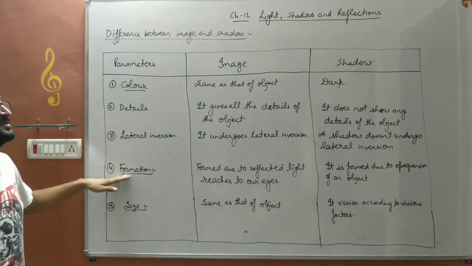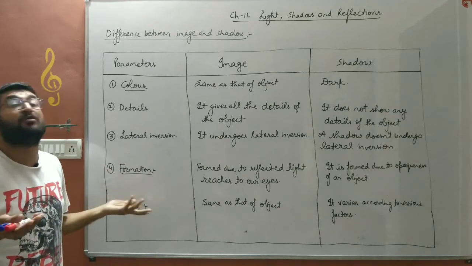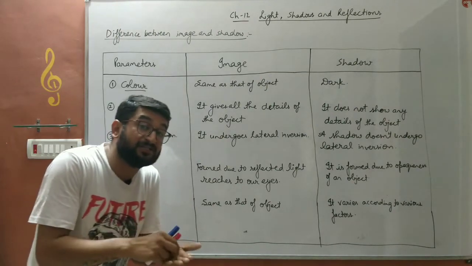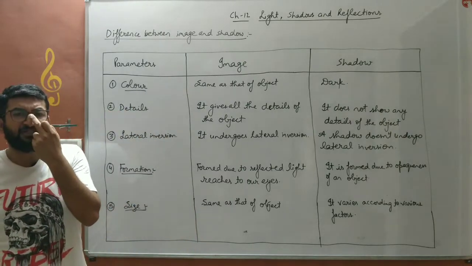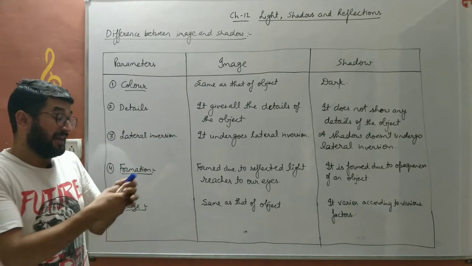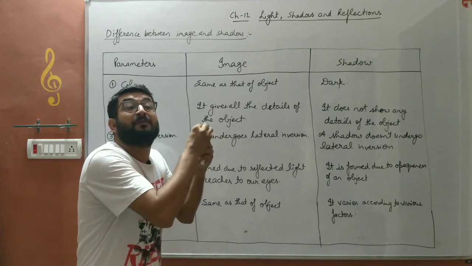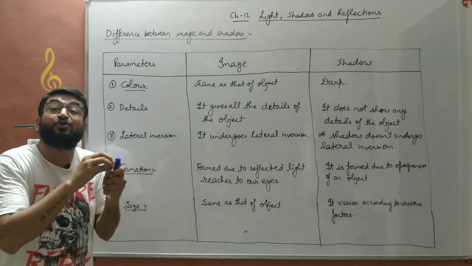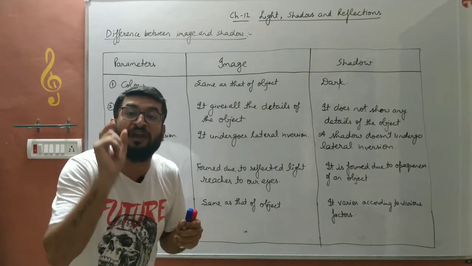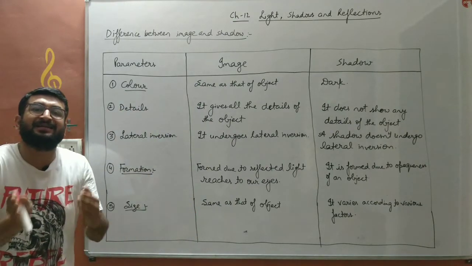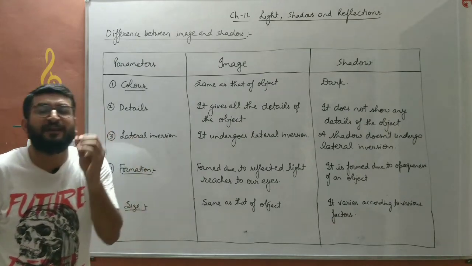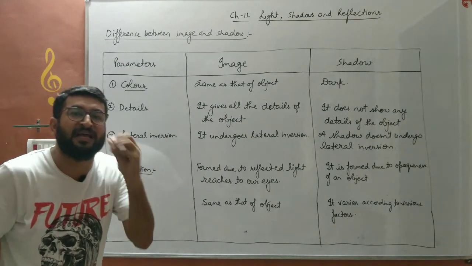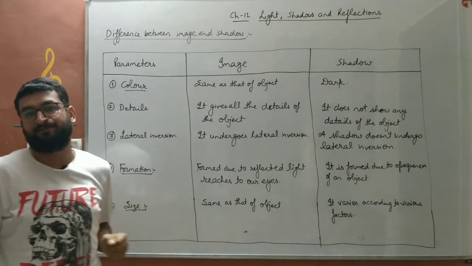The fourth characteristic is formation. How does it form? What is the principle behind its formation? Image is formed when light rays get reflected from a particular object. The formation of image occurs due to reflection of light, that is, the bending back of light from that particular source.